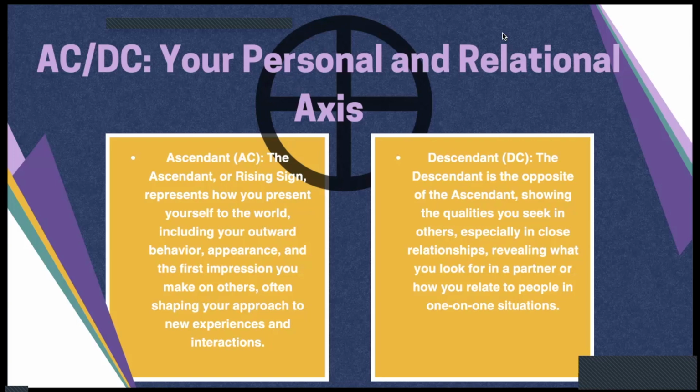Whereas on the other side, your descendant tells you how to interact with other people based off of their personality. The descendant is the opposite of the ascendant, showing the qualities you seek in others, especially in close relationships, revealing what you look for in a partner or how you relate to people in one-on-one situations.